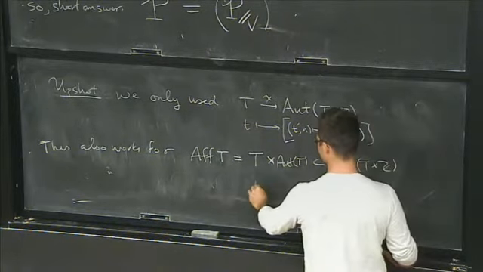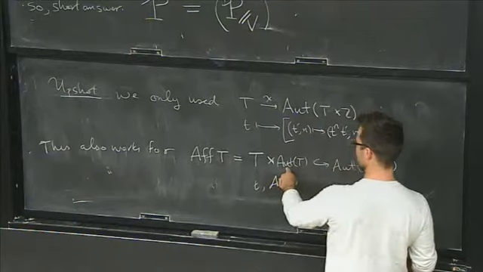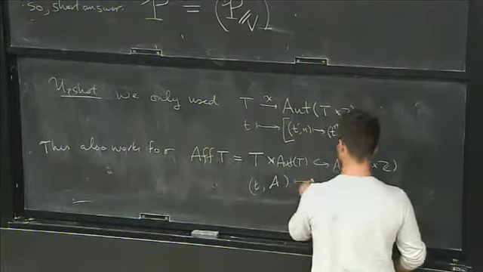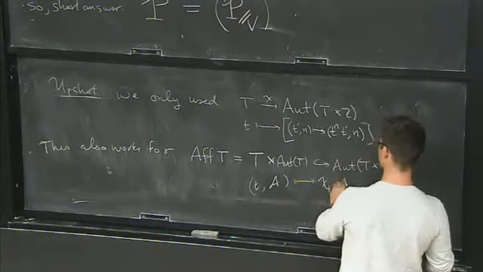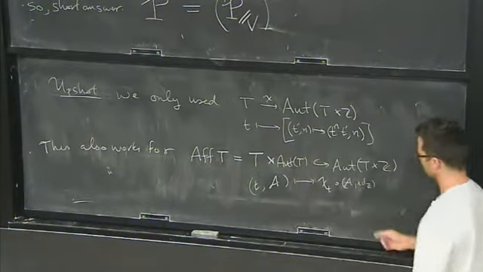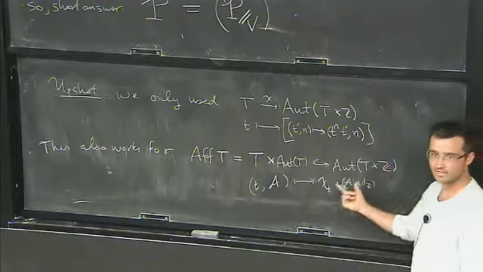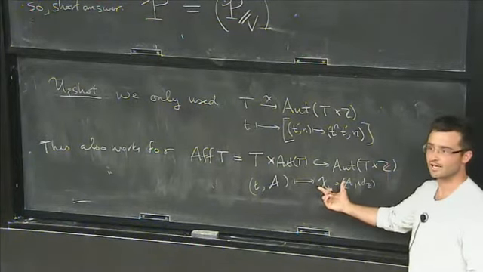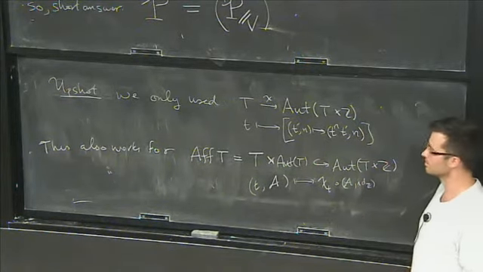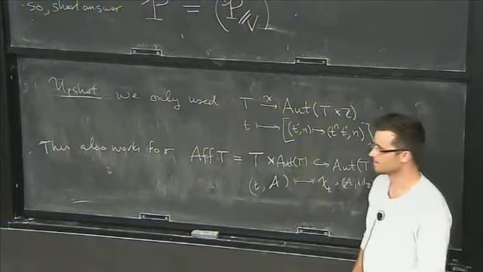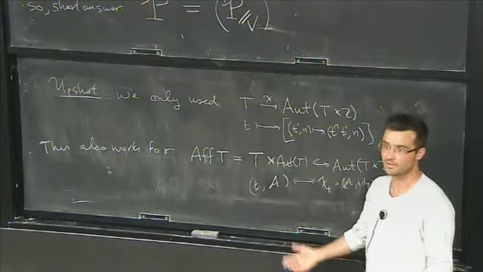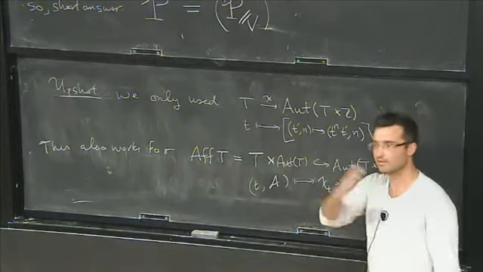If you have a point T and an element A of GL_n(Z), you just send them to chi of T composed with A, comma, the identity on Z, which is an automorphism of T cross Z. And so this allows you to calculate directly the T-dual of an affine torus bundle, which is of interest to mirror symmetry people because in the Calabi-Yau threefold, you have an affine torus fibration, not a principal torus bundle, and you want to know how to T-dualize that.